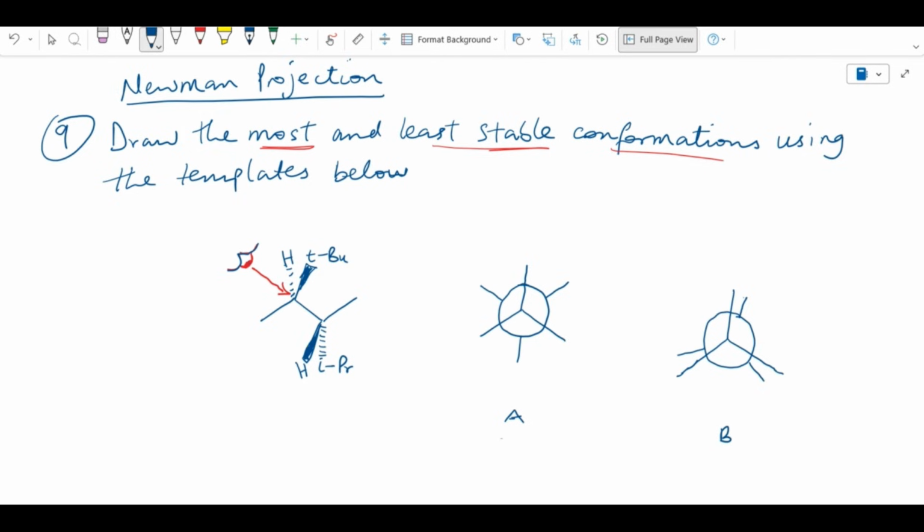So if you stand on this side, on the left-hand side, and view that carbon through this bond, we will represent the front carbon with a dot. Now, both of these groups are above your eye level. That means they're pointing upwards, whereas the methyl group extends downward because it's below your eye level.